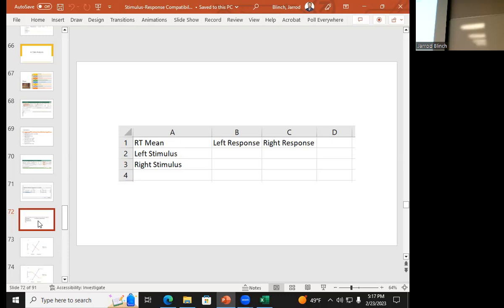For a left stimulus, left response, that's compatible, ipsilateral mapping, we didn't see any incorrect responses, so we can put in a 0. The other compatible mapping is right stimulus, right response, which is here. This 2 by 2 is a little weird because these are your compatible trials and these are your incompatible trials.